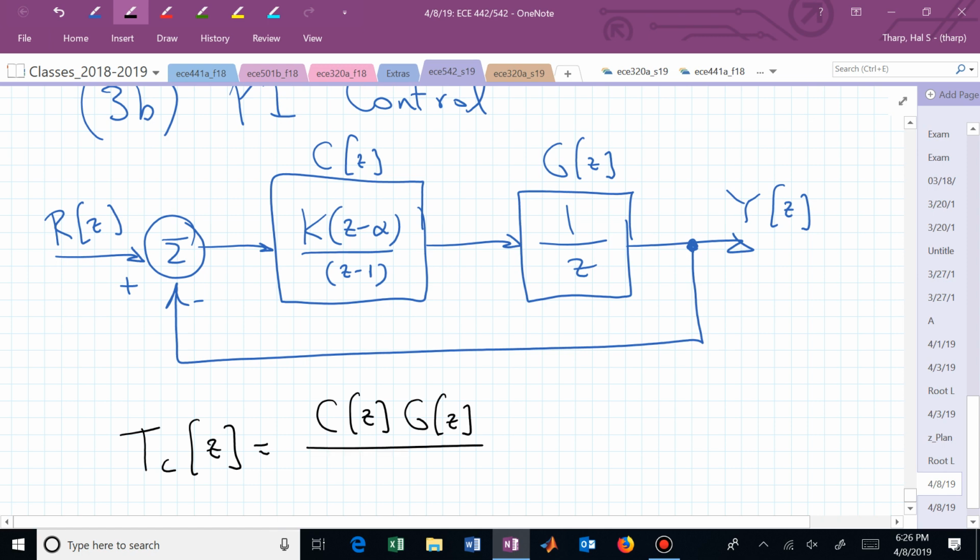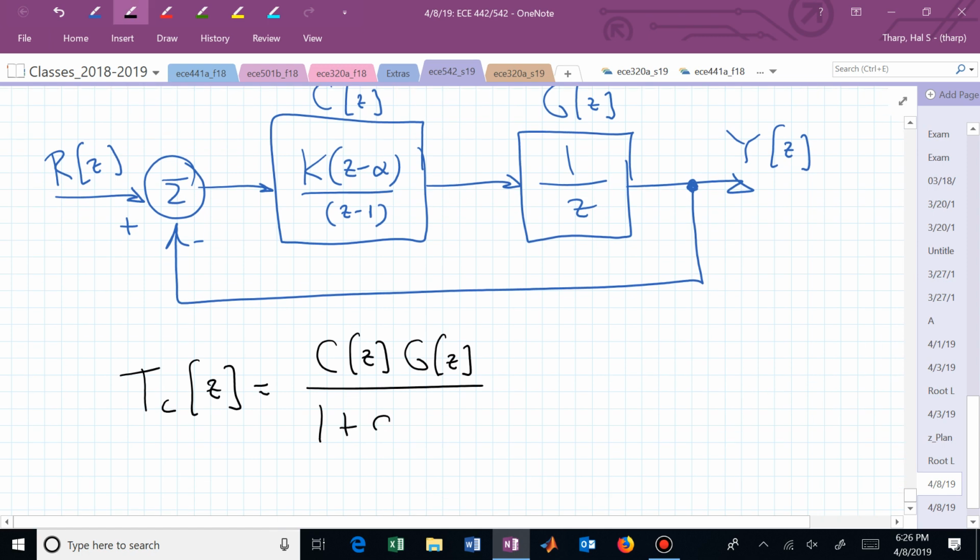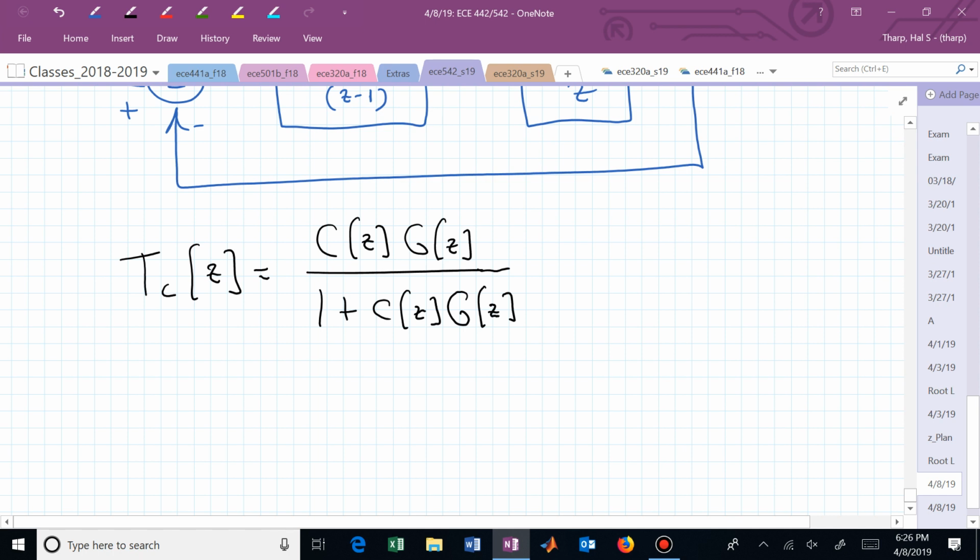What has changed is what those contain, C and G. But structurally, this is still good. What influences our closed loop dynamics? It's the denominator of that transfer function.